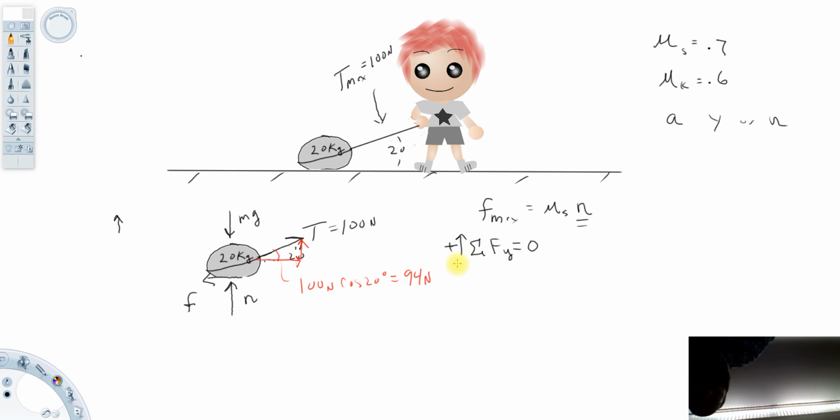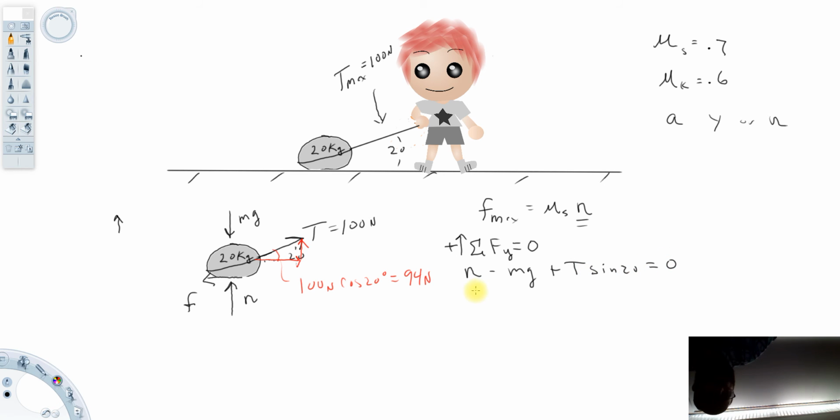And again, the equation comes from the free body. If I start looking at things in the vertical direction, that's this, this, and this. I'll go ahead and write them in that order. So normal minus mg plus, I'll go ahead and put T sine 20 for now. That's this guy right here, opposite the 20-degree angle.